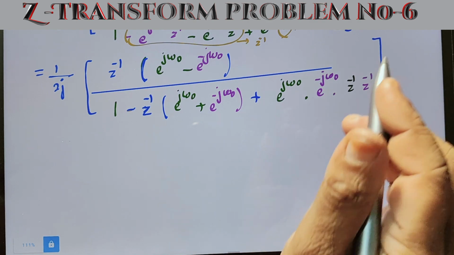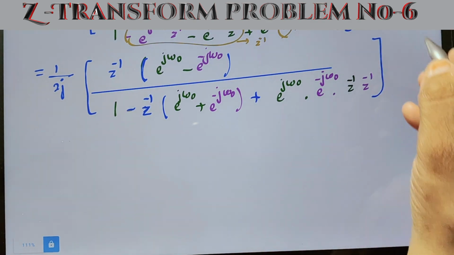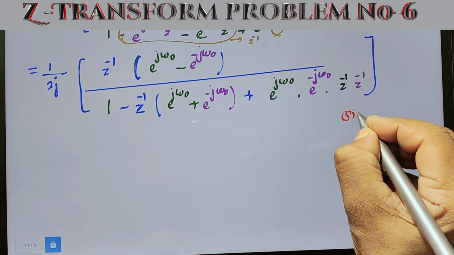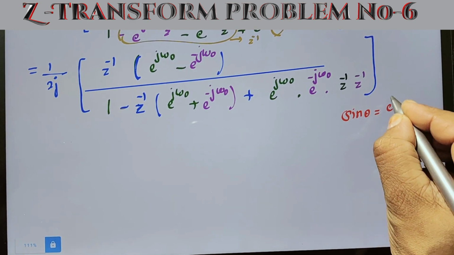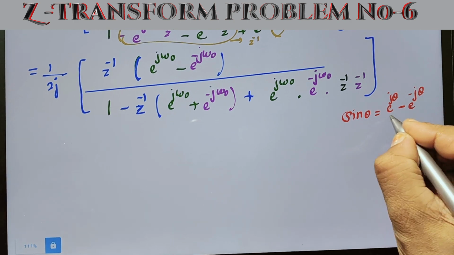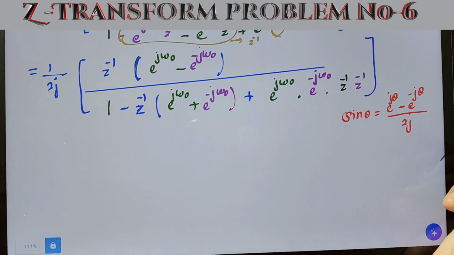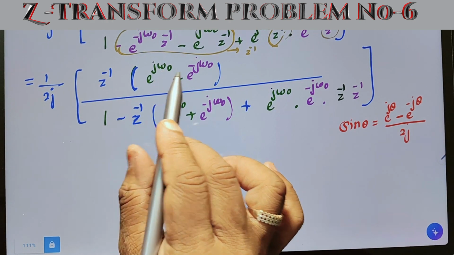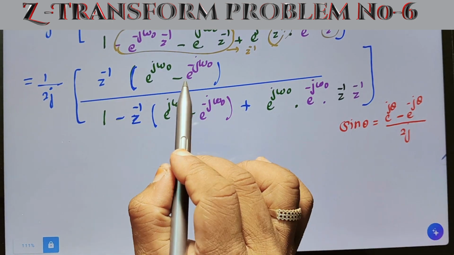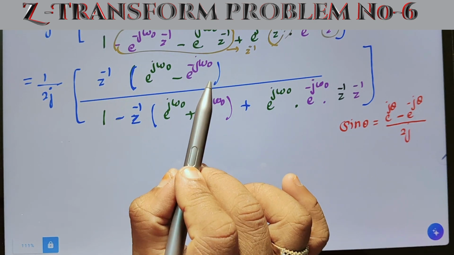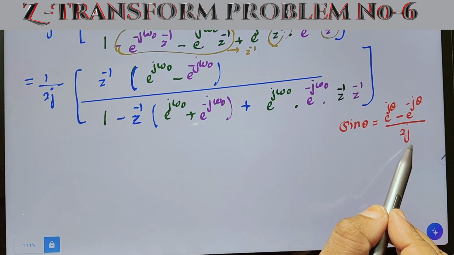We know the formula: sin theta equal to e power j theta minus e power minus j theta divided by 2j. So here just compare it. Here e power j theta is available, in the middle minus is also available, and the second term e power minus j theta is also available. So the denominator 2j is missing.